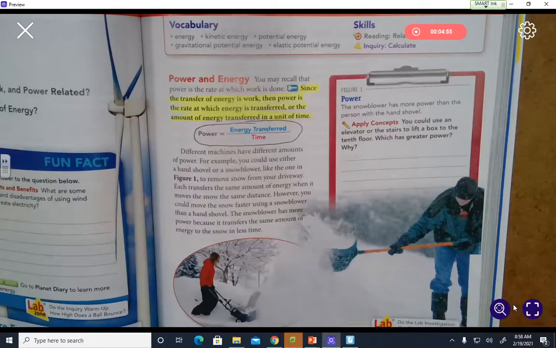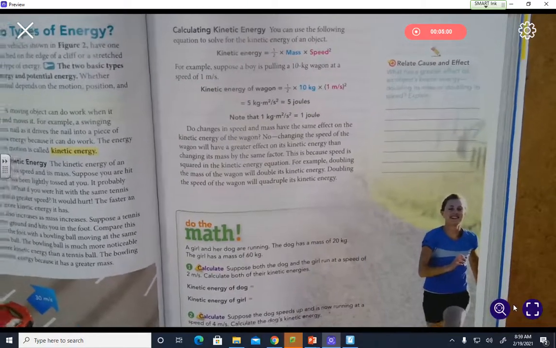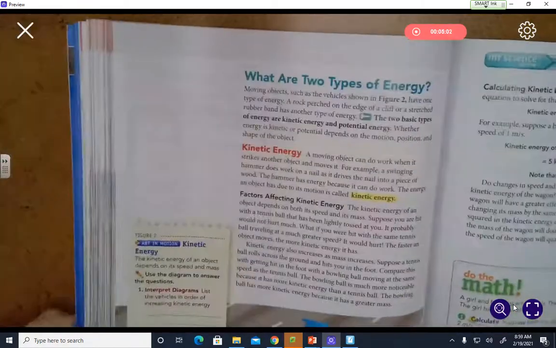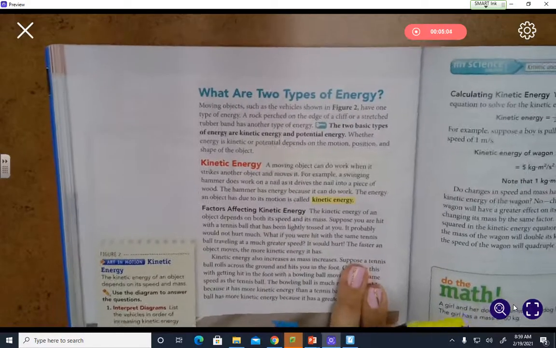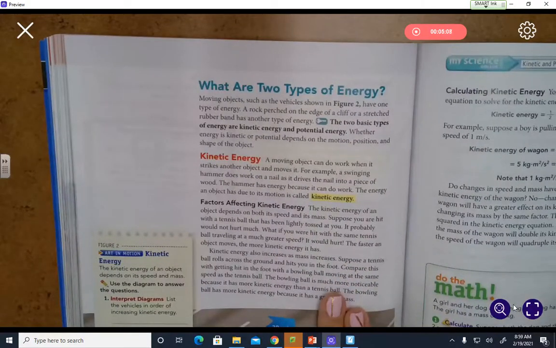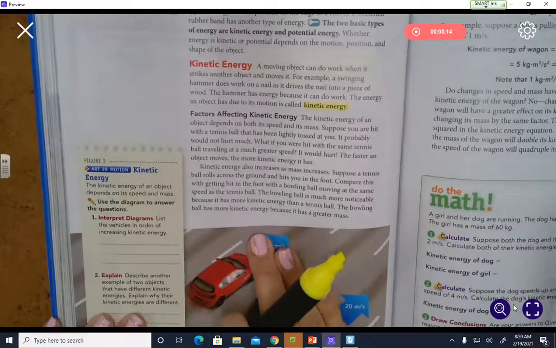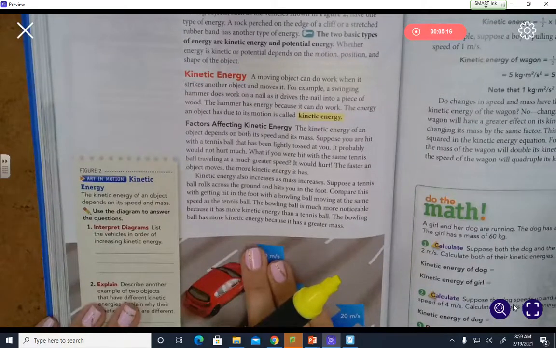All right, page 238. What are two types of energy? Moving objects, such as the vehicle shown in figure 2, which is down here, have one type of energy.